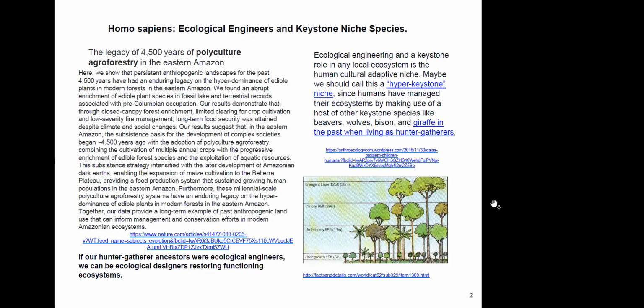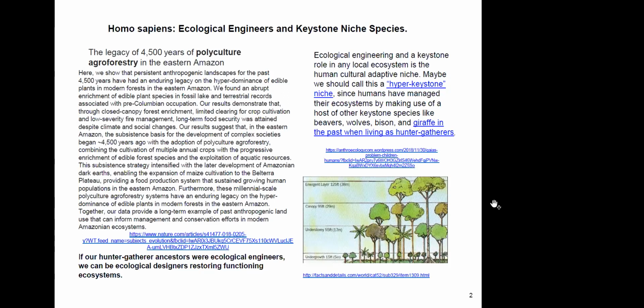agroforestry. So what we call a modern food forest these days is actually a very, very old system of growing food. What they did was that they tended to favor species that were producing food edible for humans, and there are more of these plant and tree species available in certain parts of the Amazon that have been studied than there should be if it was completely wild.